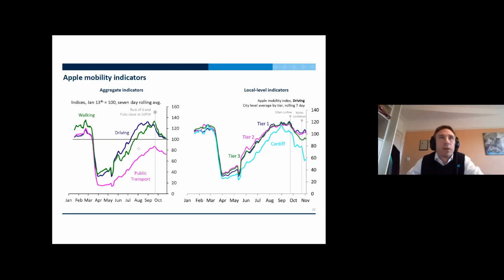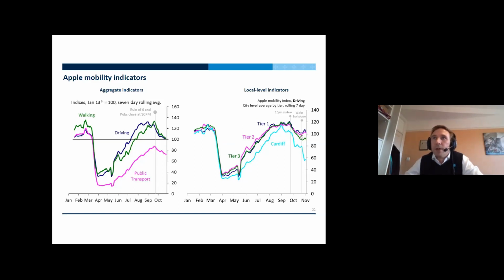Some of these charts don't include the latest data. The point of this webinar is not to go through the latest state of the economy today, but just to give an overall flavour of faster indicators. The right-hand side shows you can cut the data different ways. So what we've done here is group up, before England went into full lockdown, the tiering system, tiers 1, 2 and 3. So you can group them up into those different buckets. And as you can see, this is driving.